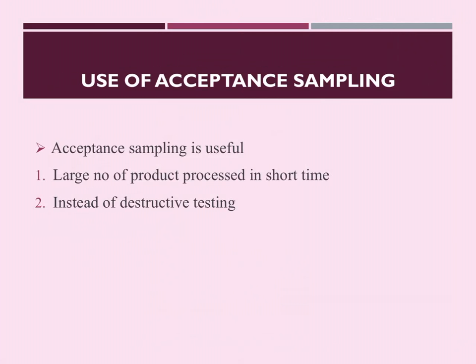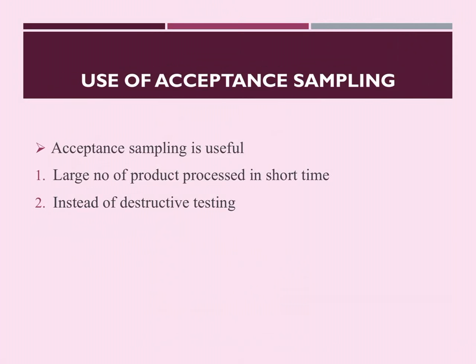Next, instead of destructive testing, we can use this method, because in destructive testing the inspected product is not usable, since it is pricked and then tested. So in such cases we can use this method instead of destructive testing.